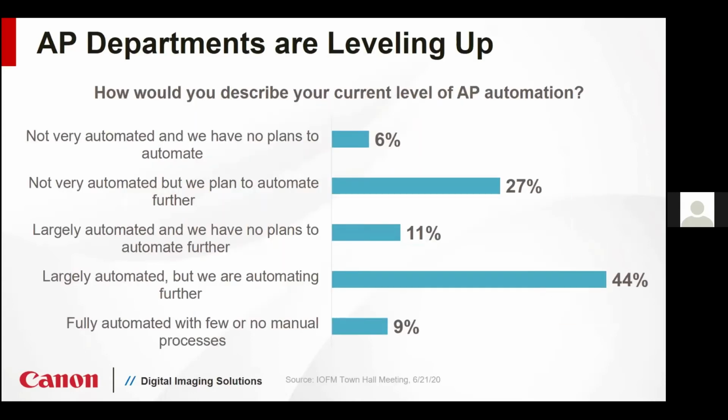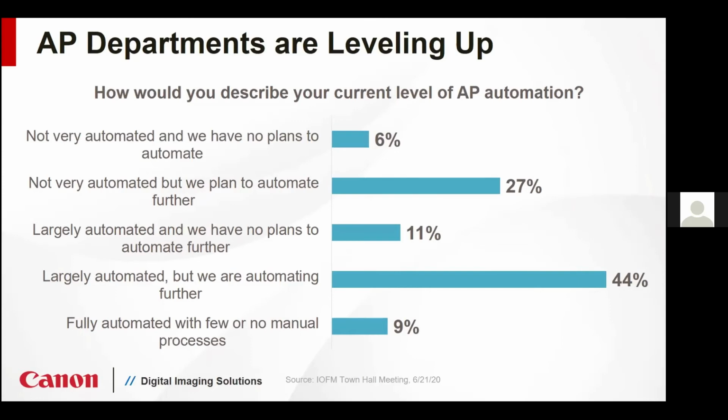AP departments are leveling up their automation. In this survey conducted by IOFM, asking many organizations, large and small, what is their current level of automation, there are a few key points to take away from their answers.